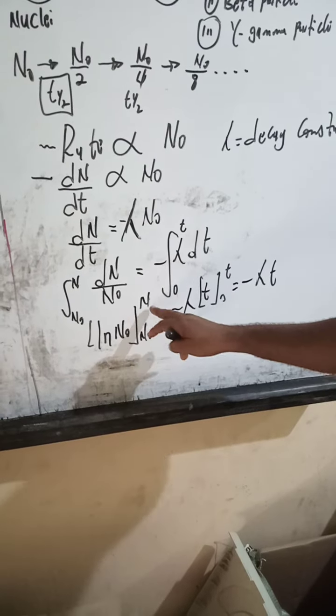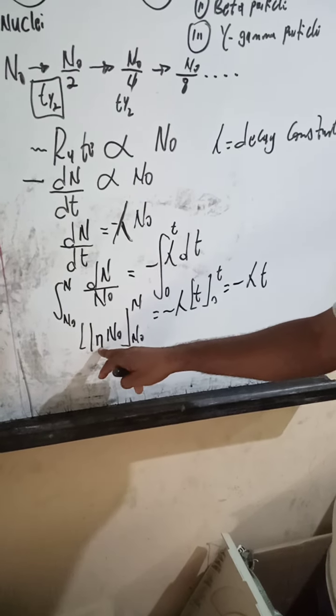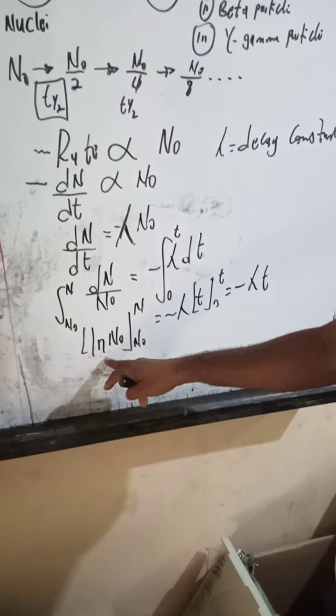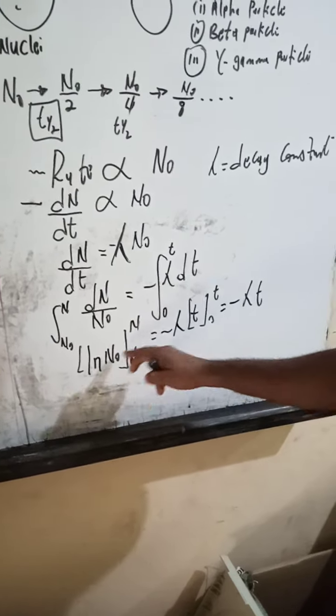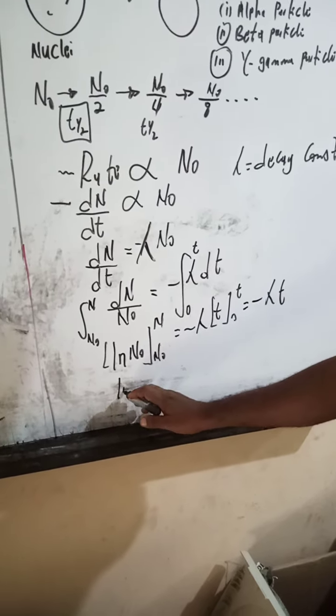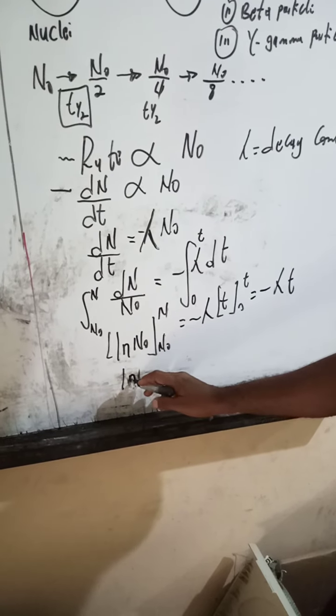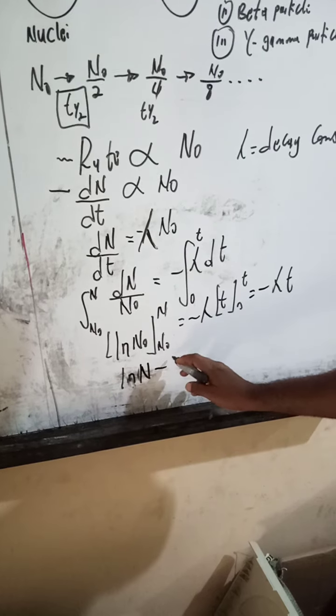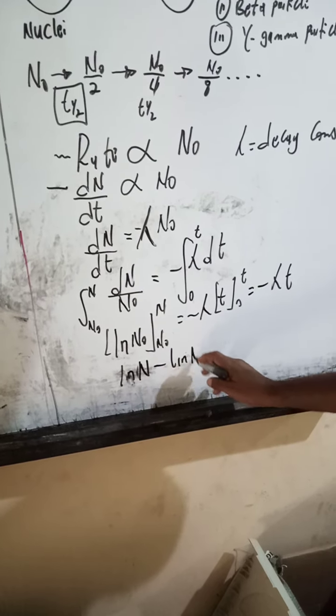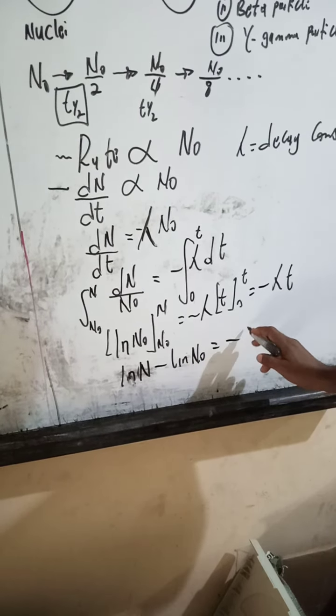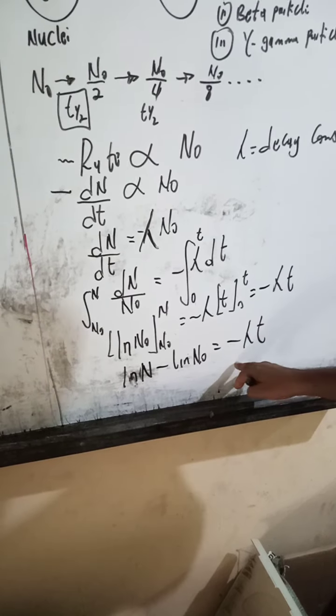Now if you want to evaluate this limit with respect to this natural logarithm, I put each of these inside here. So I have ln n take away ln n0 is equal to minus this.